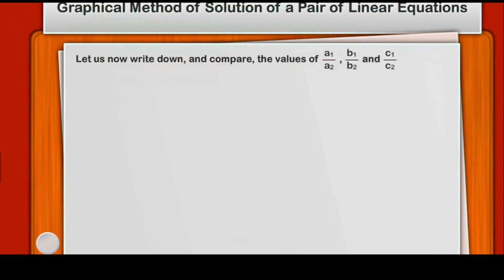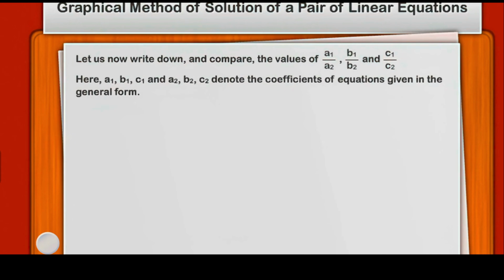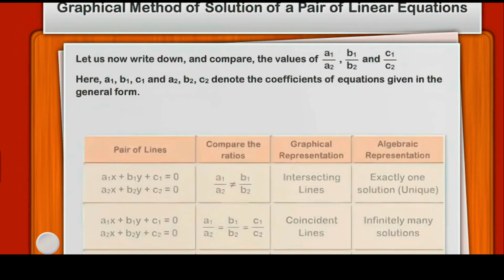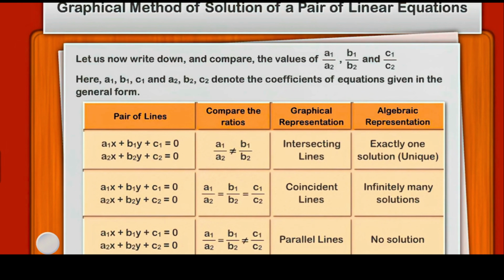Let us now write down and compare the values of a1 upon a2, b1 upon b2 and c1 upon c2. Here, a1, b1, c1 and a2, b2, c2 denote the coefficients of equations given in the general form. a1x plus b1y plus c1 is equal to 0. a2x plus b2y plus c2 is equal to 0.